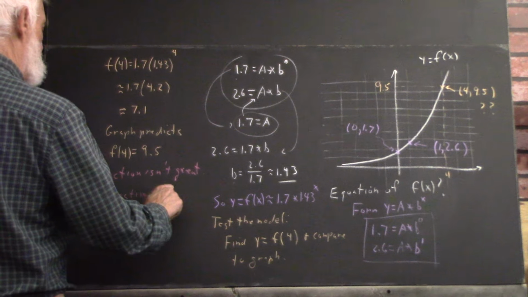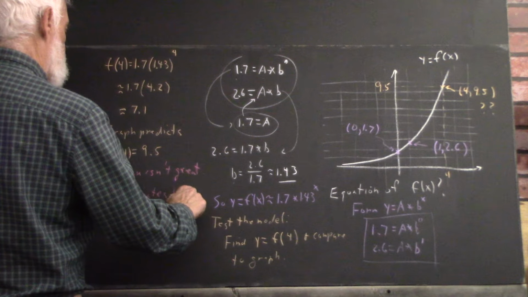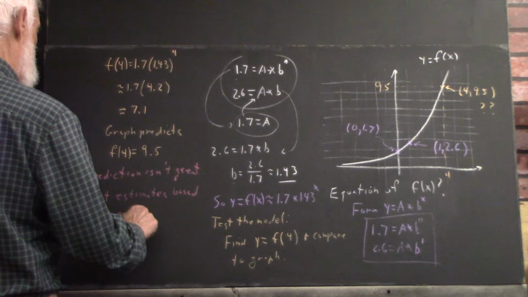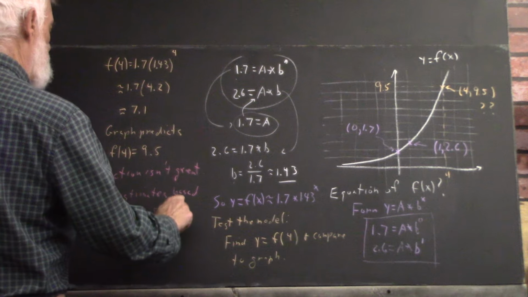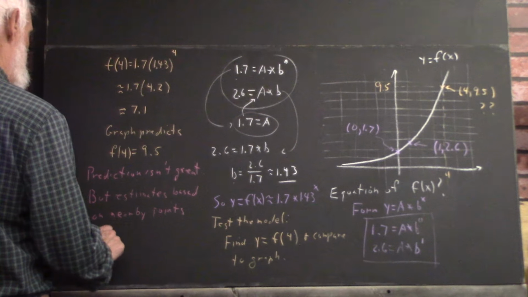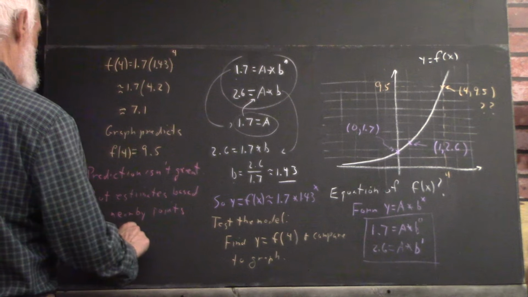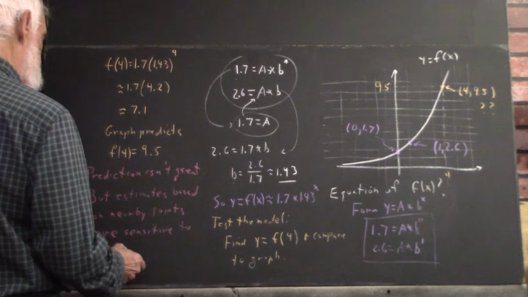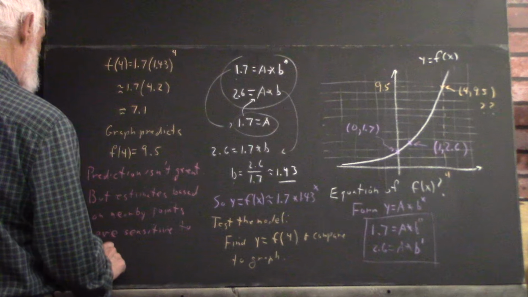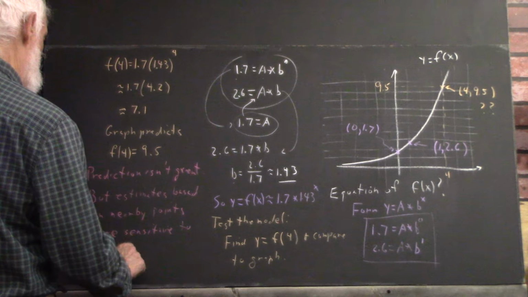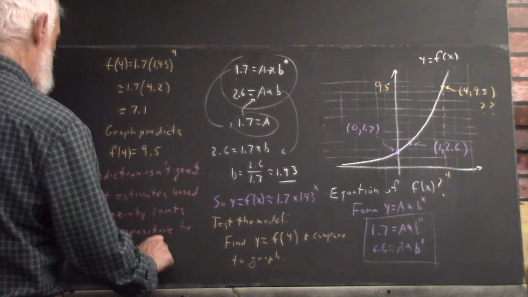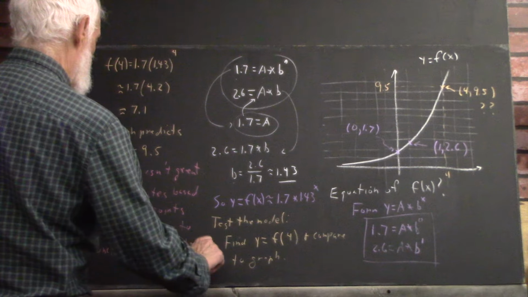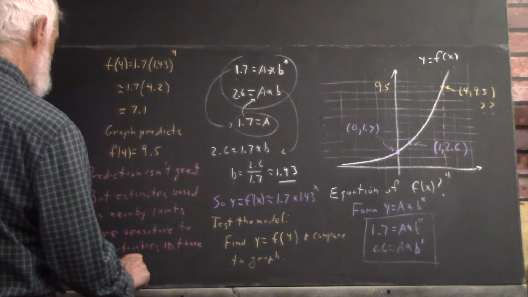Estimates based on a couple of nearby points are sensitive to uncertainties in those estimates.